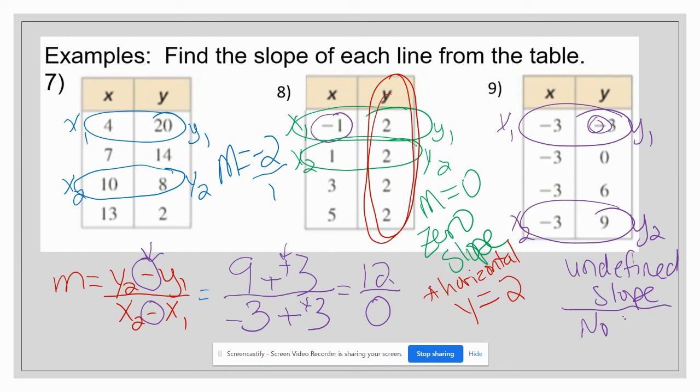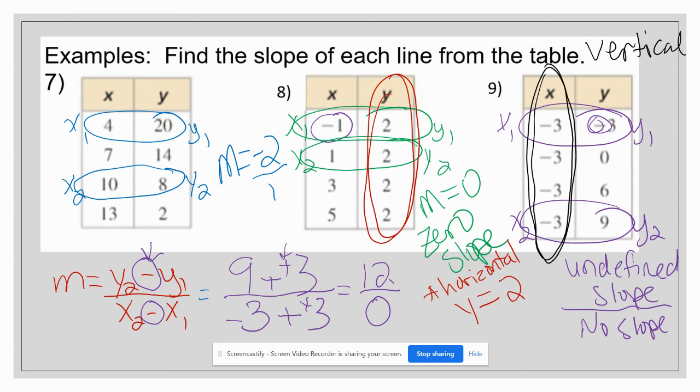We've also heard it called no slope before, which means this is also a special line. And in this case, our special line is vertical. And we can see that in the x column, every single value there is negative 3. So x is equal to negative 3.